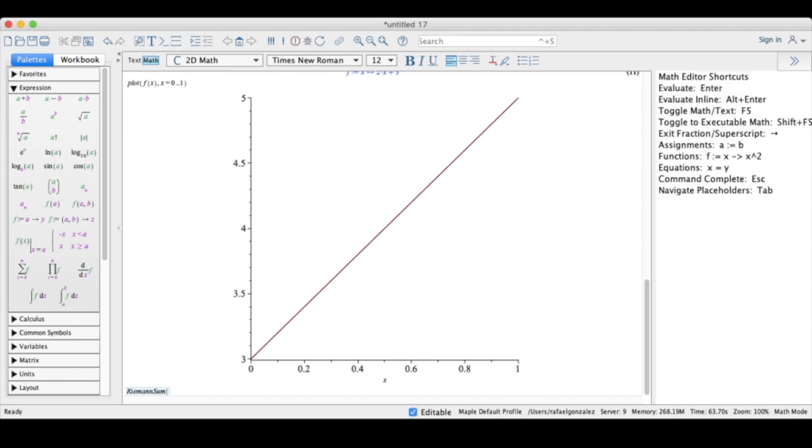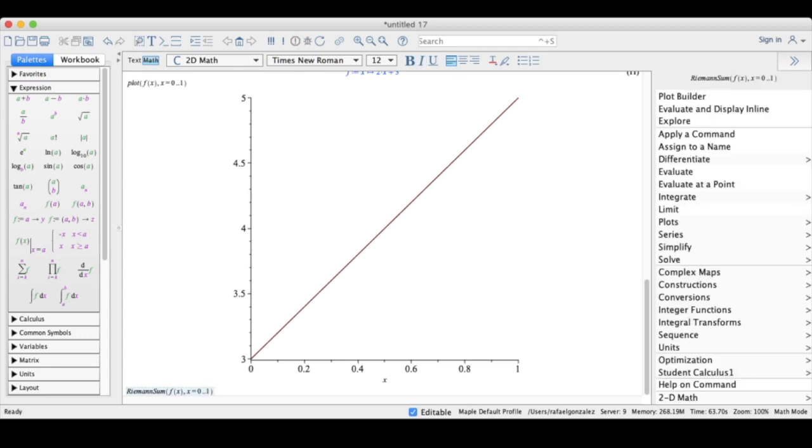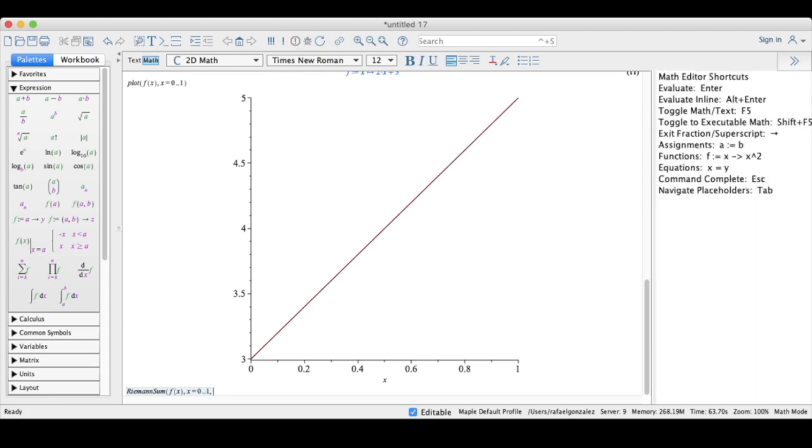We have our function f of x, and then we are looking at this from x equals 0 to 1, and we're going to tell Maple what method we're going to use. Again, we could use the left endpoint, the right endpoint, the midpoint, upper or lower. I'm going to first show you how the midpoint method will look. So I'm going to write method equals midpoint, and then output, you want to make sure that you do this so we can see a nice picture.